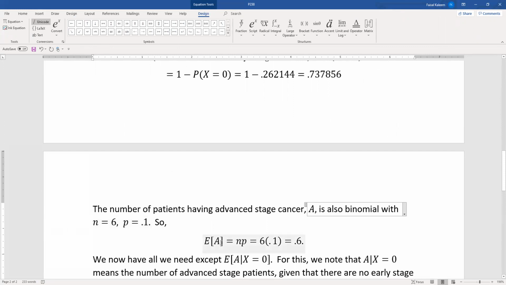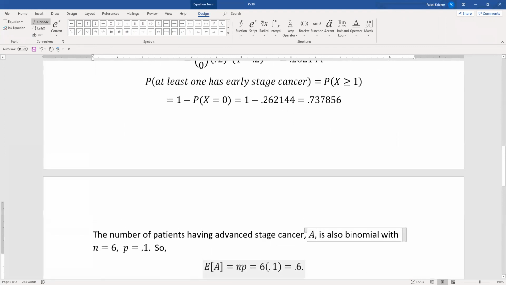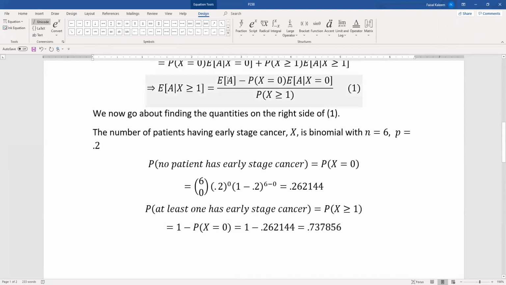We know the expected value of a binomial is np, so it'll be 6 times 0.1 equals 0.6. So now we have this term as well, and all we are left with is the E of A given X equal to 0.